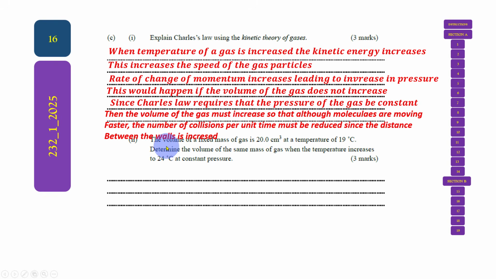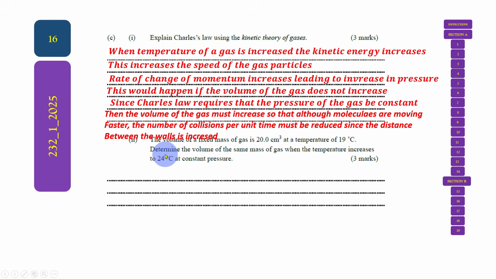This one over here is a calculation. The volume of a fixed mass of a gas is 20 centimeters cubed. So this is V1. At a temperature of 19 degrees Celsius, it will be expected you change this to Kelvin by adding 273. Determine the volume of the same mass of the gas when the temperature increases to 24 degrees Celsius.